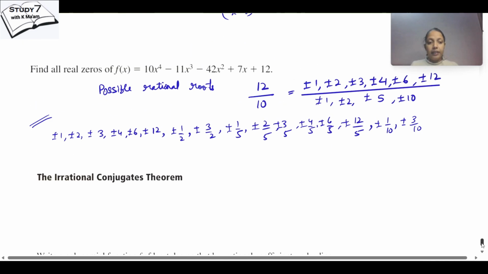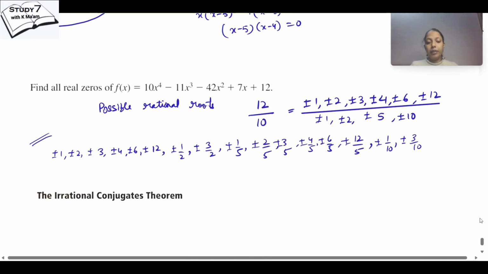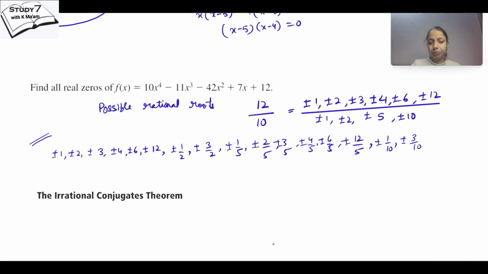Next, irrational conjugate theorem. In this theorem, if your function is a rational polynomial, what do you mean by rational polynomial?